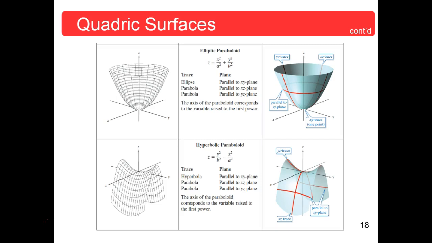Further up you get they're open like this, and when x over a is greater than y over b, then z is negative, and this one's open outward this way, and that one's open that way. So you can tell by just putting equal to a constant, whichever one you want to be a constant. That forms the traces.